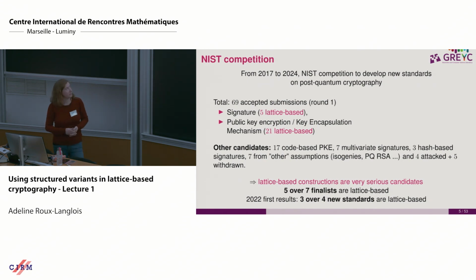Of them, 26 were lattice-based, for signature and public key encryption. There were other candidates: you can have hard problems on lattices, but also on codes, what we call multivariate, and hash-based signatures, which are signatures based on a hash function, so it's a bit different. And there were 7 from other assumptions, which didn't stay long.